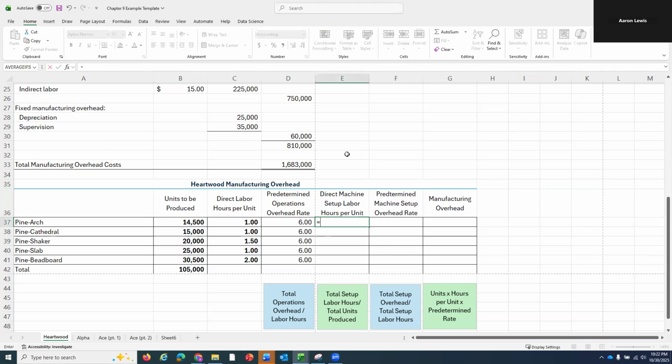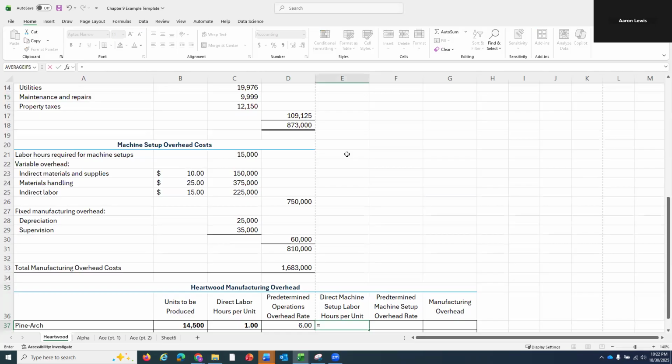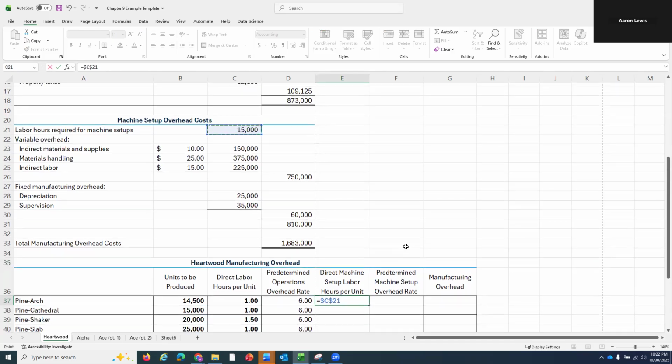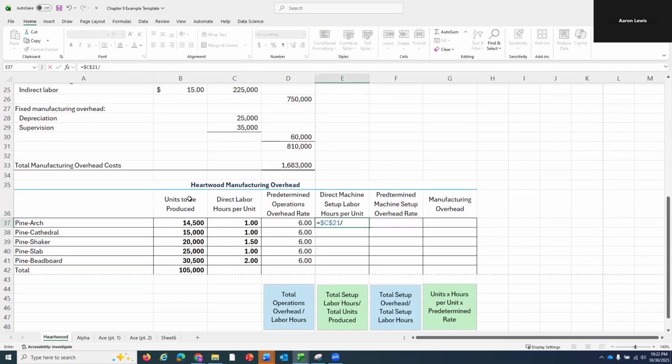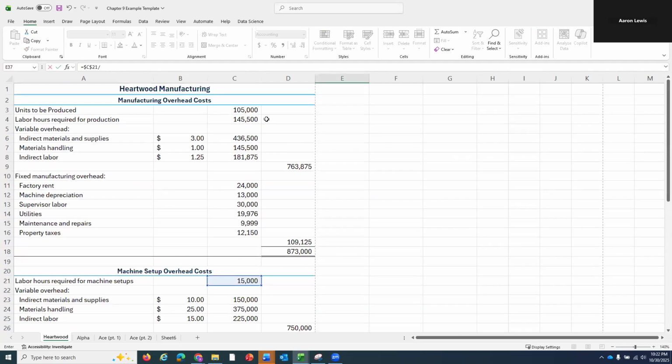So here, let's find our total labor setup hours. It's down here in the machine setup overhead cost section that we're going to need 15,000 hours for production. I'm going to want to use the fill handle again, so let me make that absolute. And then we need to divide that by the total quantity of units that we're making, which I can find here. Adding this all together is 105,000. It's also given up here in the units to be produced at the top.